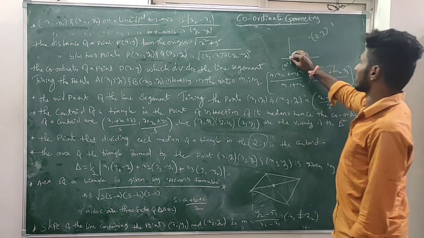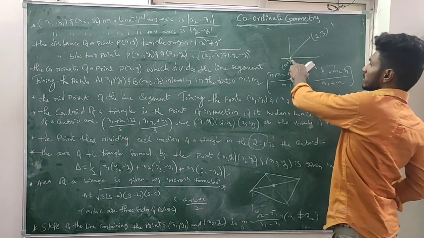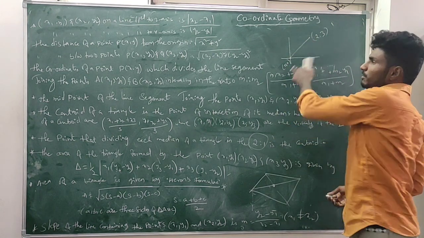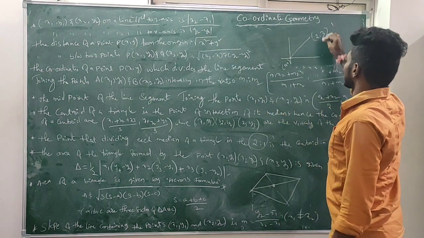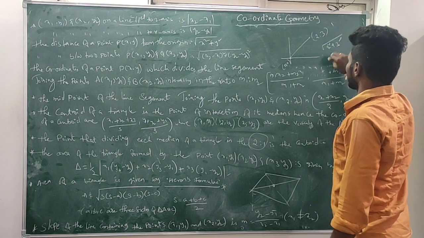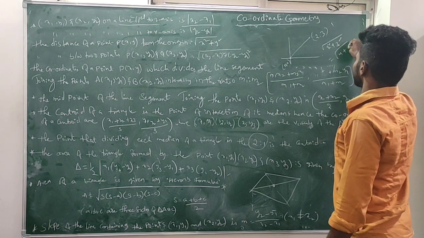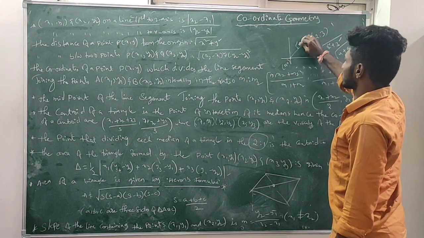Now I want to find the distance from here to here. Simply what I will do is under root x square plus y square. If you do this, you will get your answer. Root 13 is the distance.